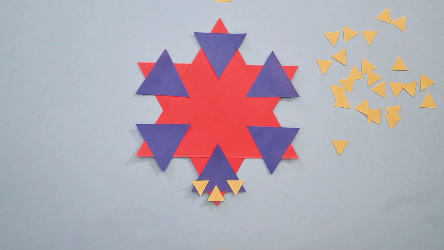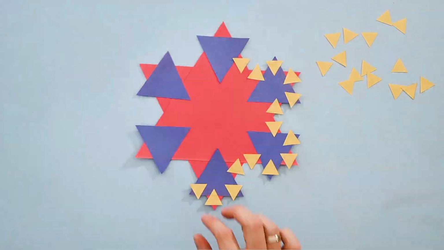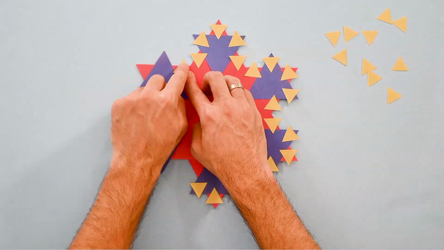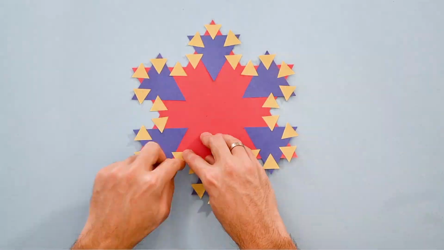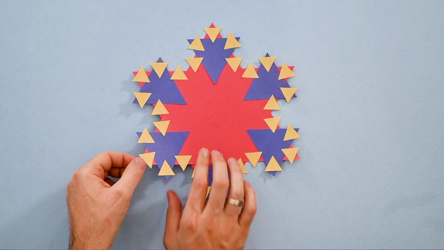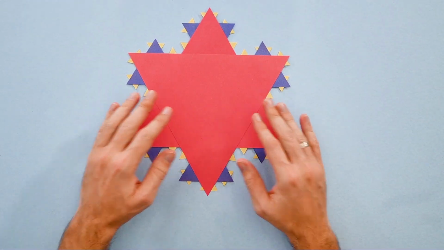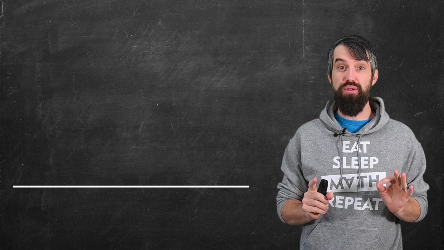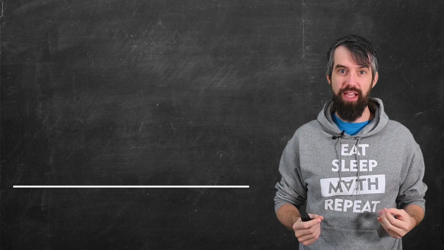And finally, I can use 5 small yellow triangles whose base is again 1/3 of the base of the blue triangles. For each of those blue triangles, this is going to give 30 yellow ones overall. And if I flip it over, I get a pretty decoration that is the 3rd iteration of the algorithm that produces the Koch snowflake.